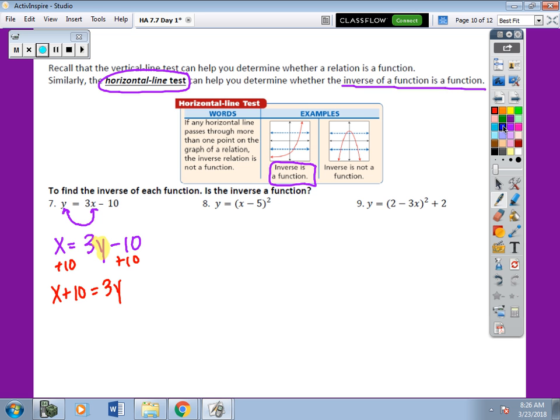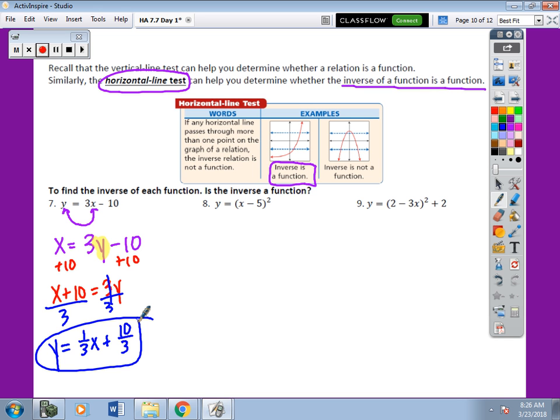And we will divide by 3. Now make sure you do divide the whole left side by 3, not just one of the terms. So we would get y equals 1/3 x plus 10/3. So that's my inverse.